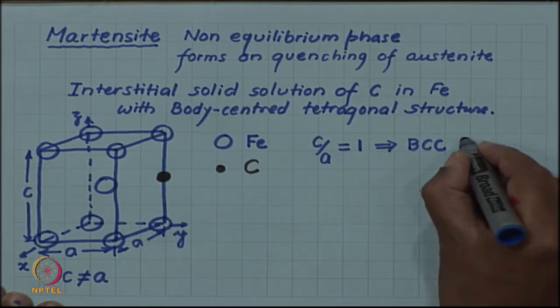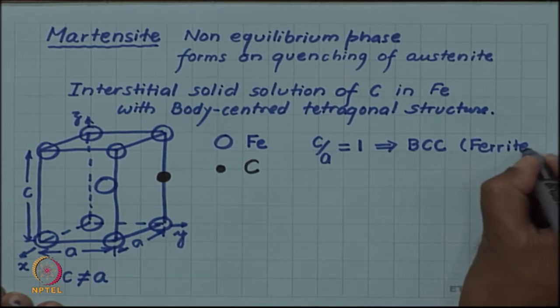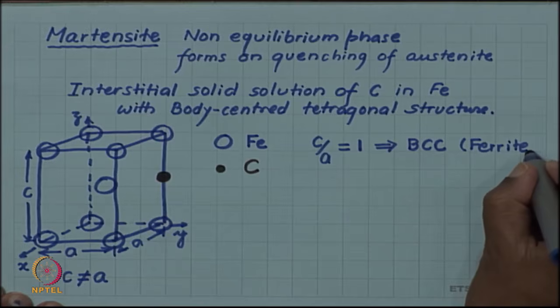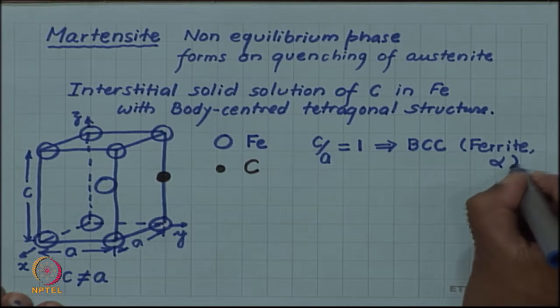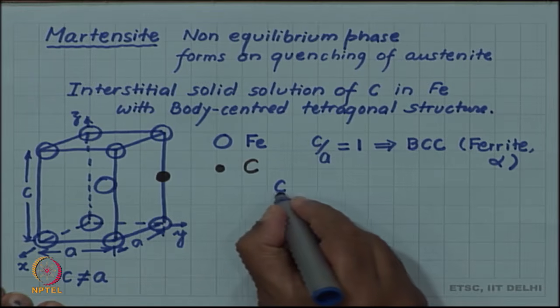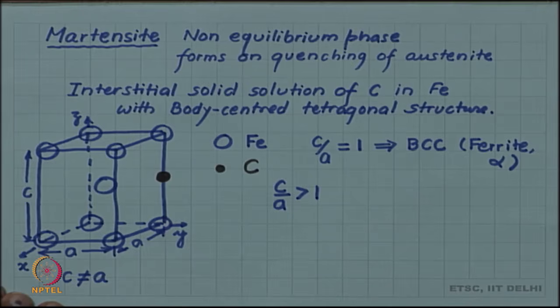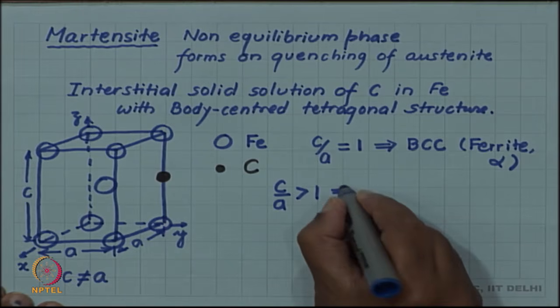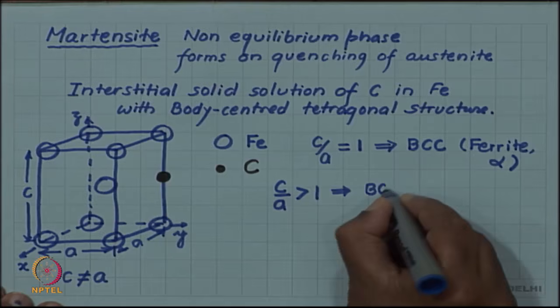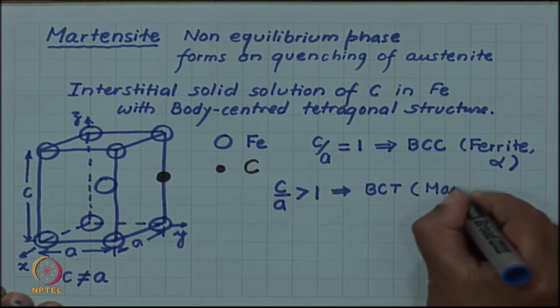So, that is what is your ferrite. You use the symbol alpha for ferrite, but if C by A is greater than 1, then it is body centered tetragonal, and that is what is our Martensite.